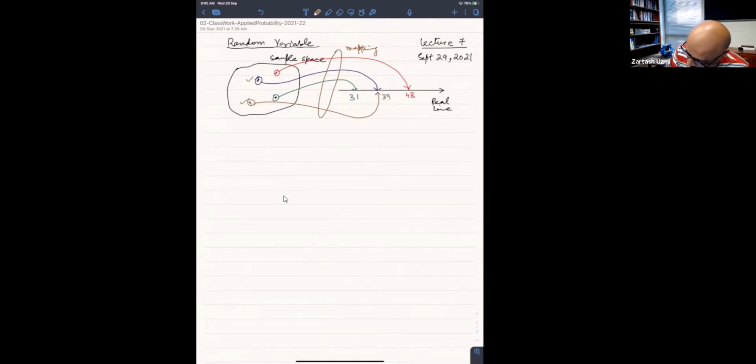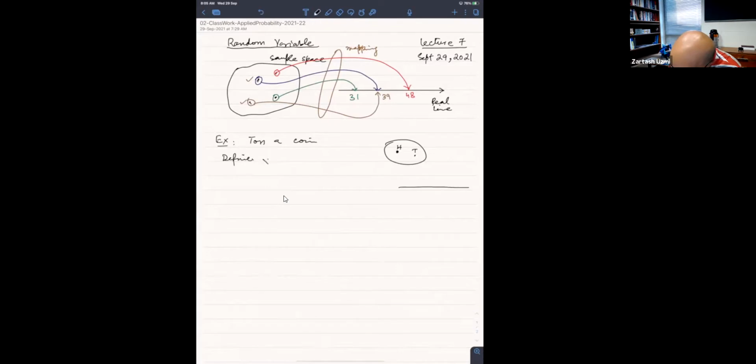So I will give you an example. The example is our old friend, the coin. Toss a coin, a fair coin. We know that the probability of getting a head or a tail is 1/2. It's a fair coin. I define a random variable. We know the outcomes are head or tail, and I define a random variable, and let's give it a name too.